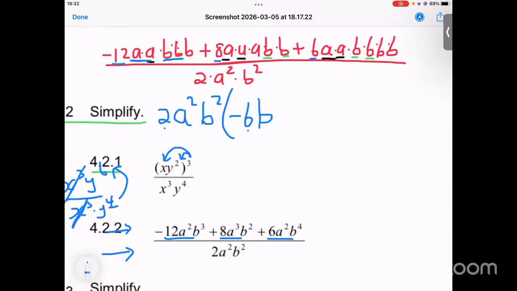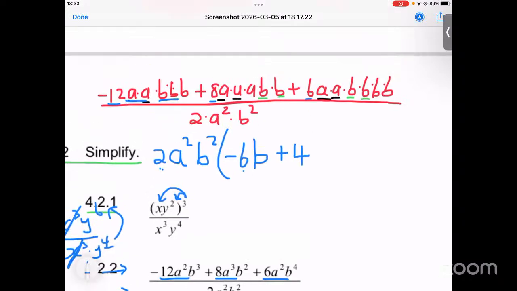And then here I will have positive 4. Remember you took out that. So otherwise it's like that 12, you are having negative 2 times 6. For that 8, it's like you are having that 2 times 4. And then for this 6, it's like you are having 2 times 3. So you take out the 2 there.